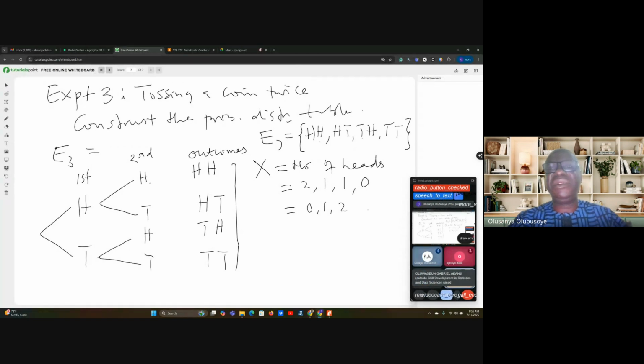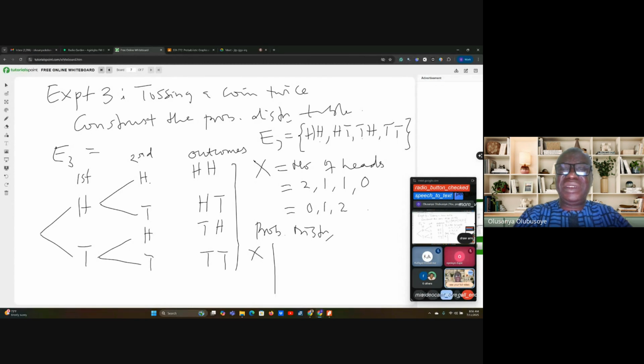So we can now construct a probability distribution table. Our probability distribution table would then have the random variable, and then the possible values could be 0, could be 1, will also be 2. And then we will have the total here.